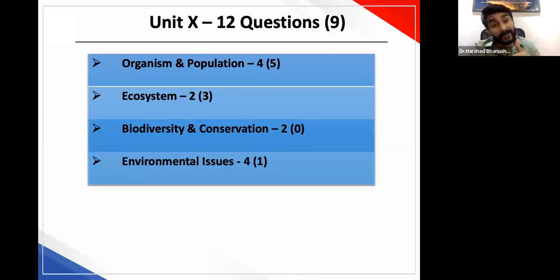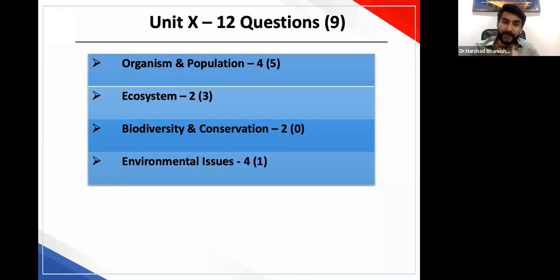In another chapter, environmental issues, they had asked 4 questions, which is slightly higher than expected. But you have a fairly even distribution, with 12 coming from unit 10, as opposed to 9 which had come from unit 10 in last year's NEET paper.